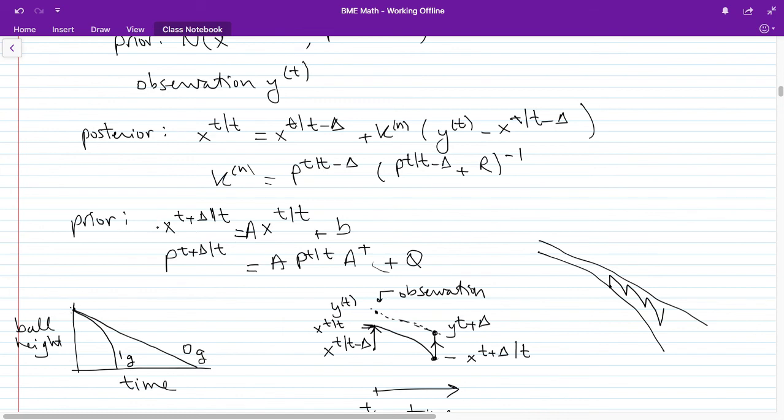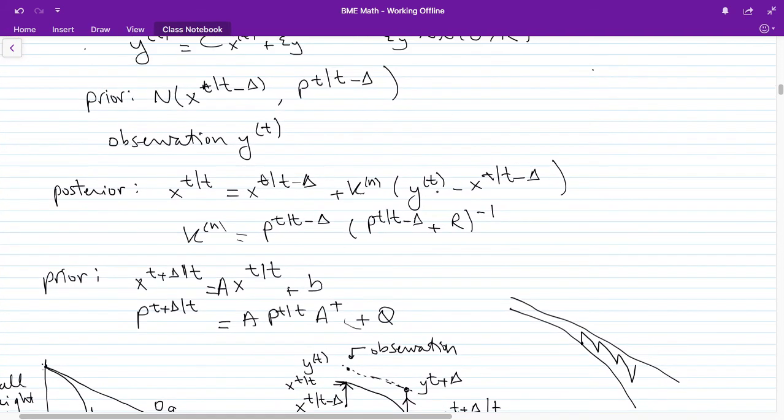Why? Because this equation, which is your prior, says your next state is going to depend on the previous state plus this term b, which was gravity. This gravity doesn't exist in reality, so your model is wrong. But what happens is that when you make an observation, you correct what you predicted. And so you get closer to reality.